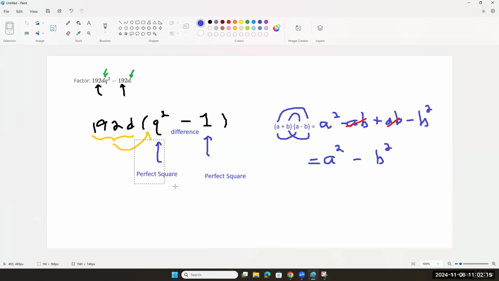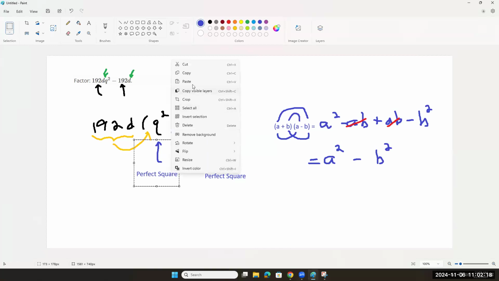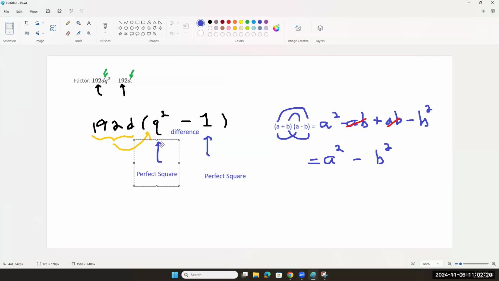Okay, so where am I going with this? I want you to notice that in this scenario, you have a perfect square for the first term, you also have a perfect square for the second term, and you have a difference over here.